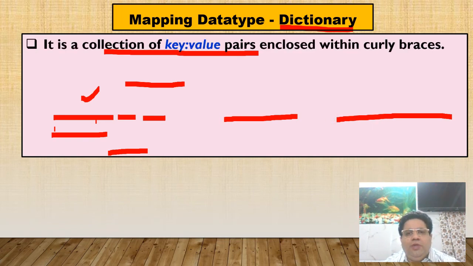What is the mapping data type, dictionary? It is a collection of key value pairs enclosed within curly brackets.